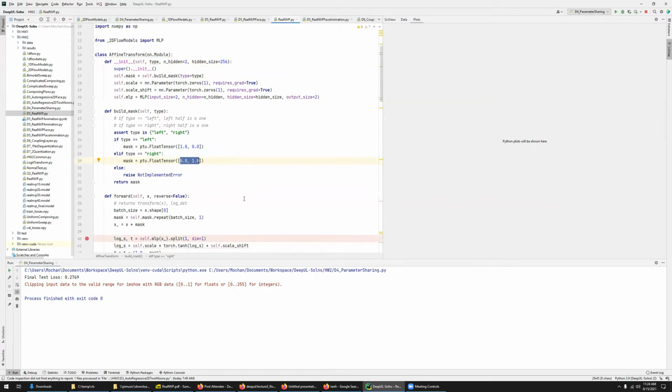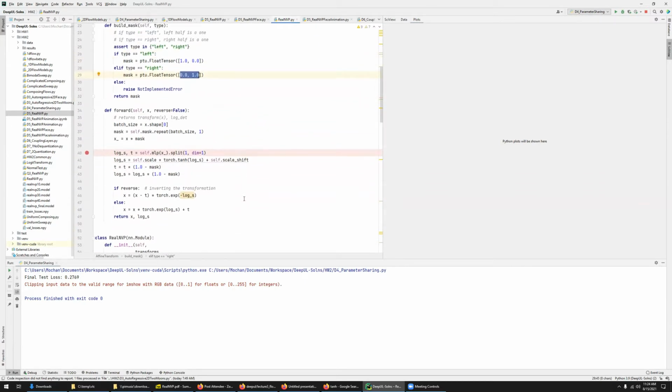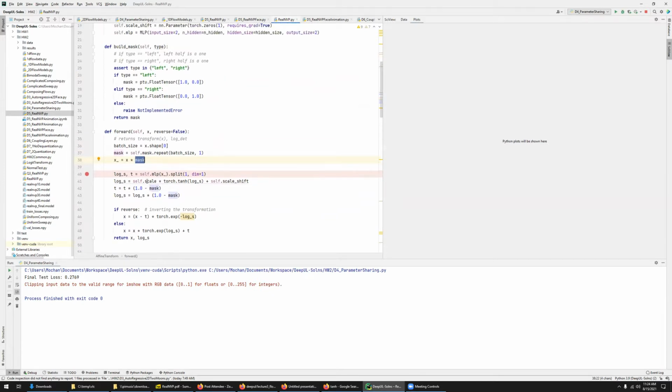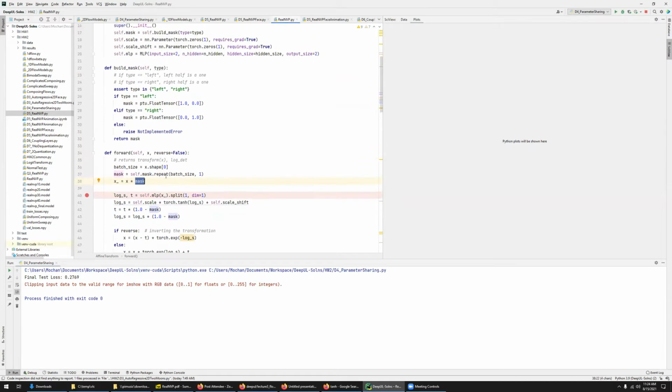And the point of it all here is to use the mask so that you have the same code for both of them. So I think it's a little bit complicated.